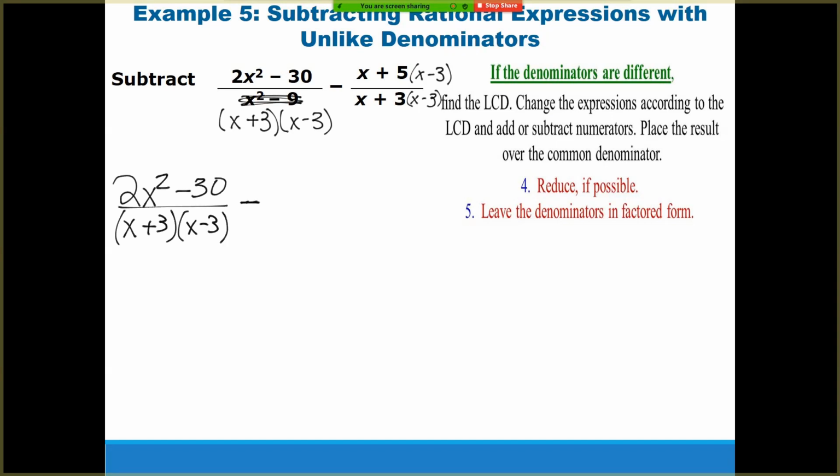Bring your subtraction sign down. Now we have x plus 3 and x minus 3 in the denominator. When you go to multiply the numerator, we have 2 terms times 2 terms. That's either a box problem or a FOIL problem.